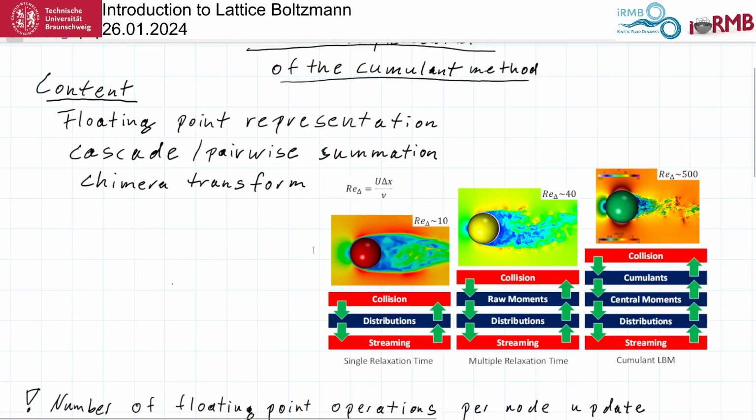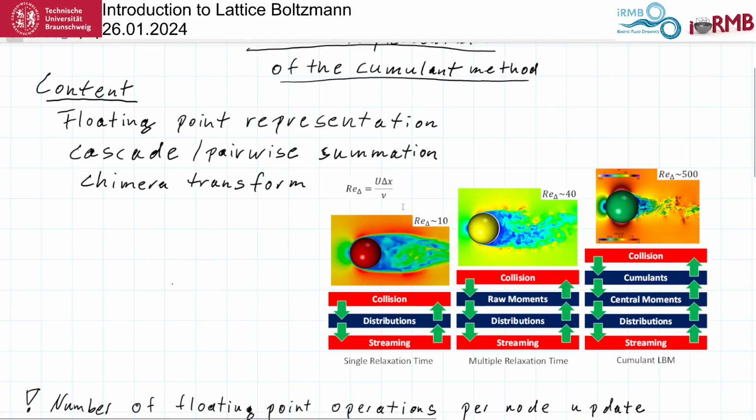So the Lattice Boltzmann method, as we've learned throughout this lecture, comes in different versions. For example, the BGK single relaxation time version, and the MRT version, and the cumulant method. What I've put down here with the Reynolds number is the Reynolds number per grid spacing, so to speak, that we can actually reach with such a method, and we still get a physically reasonable result.